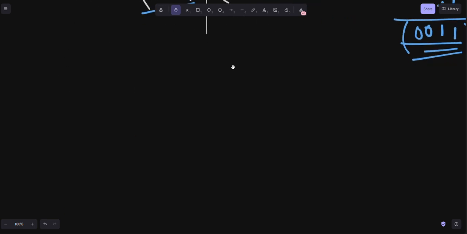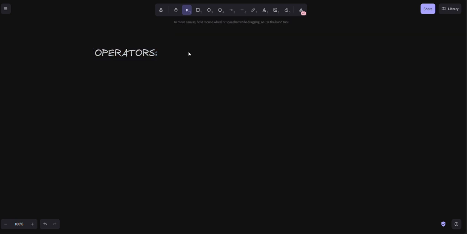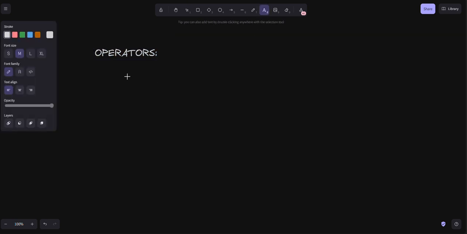Now quickly coming to operators. Again, we are just covering the basics here, operators, which is really important, because I want you all to be on the same page first, right? And I'm pretty sure you have done this in your college, right? So first would be the AND operator, which basically means all true.